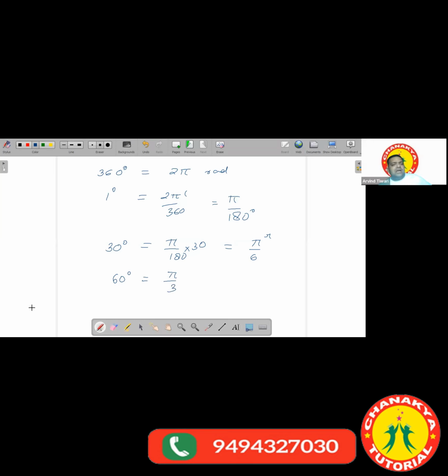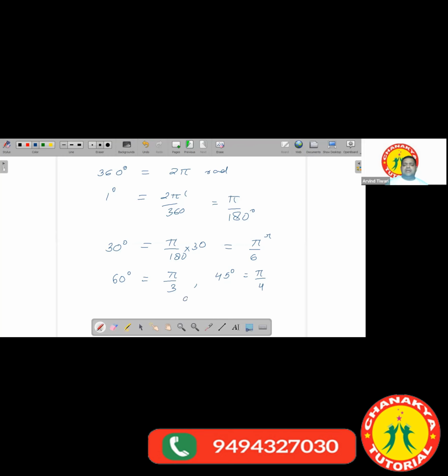So what if the angle is 45 degree? Pi by 4. Do it on paper, everyone. It's pi by 4. It will be pi by 180 multiplied by 45, you'll get pi by 4.